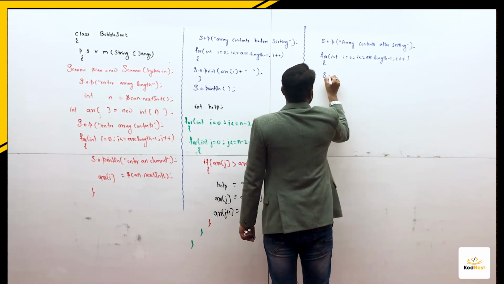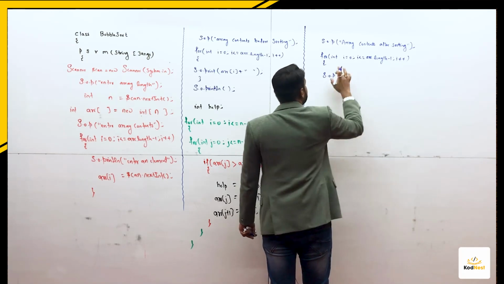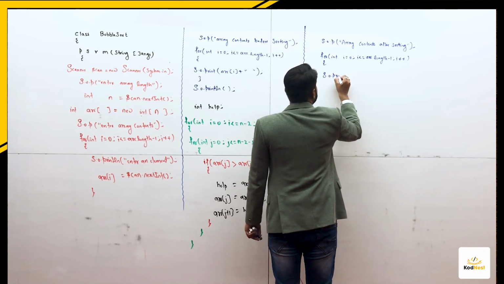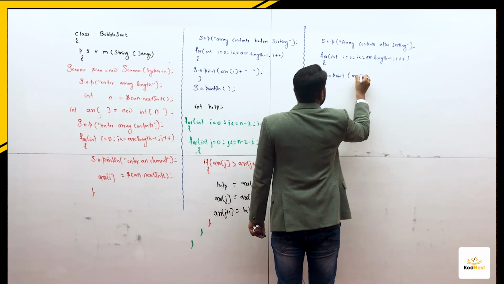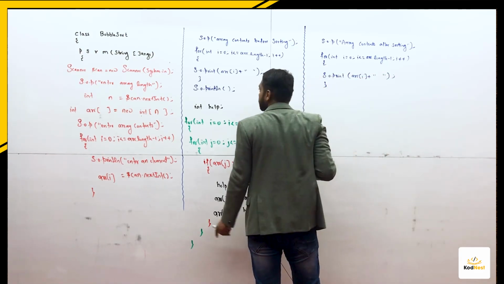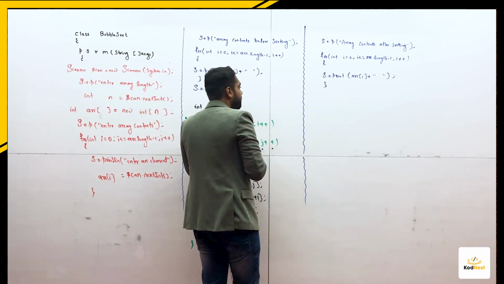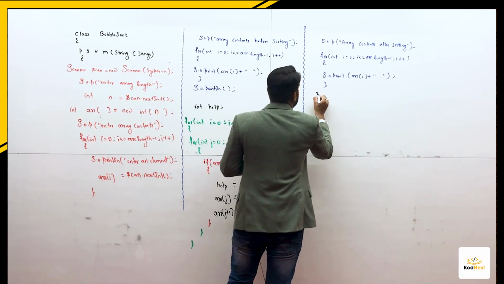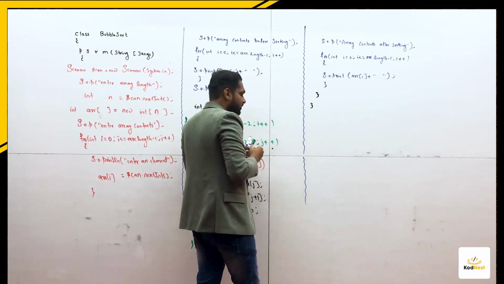Every time System.out.print. What to print? Whatever is there in array[i] plus a space. This is the closing of the for, that is the opening of the main method, then closing of the main method and closing of the class.